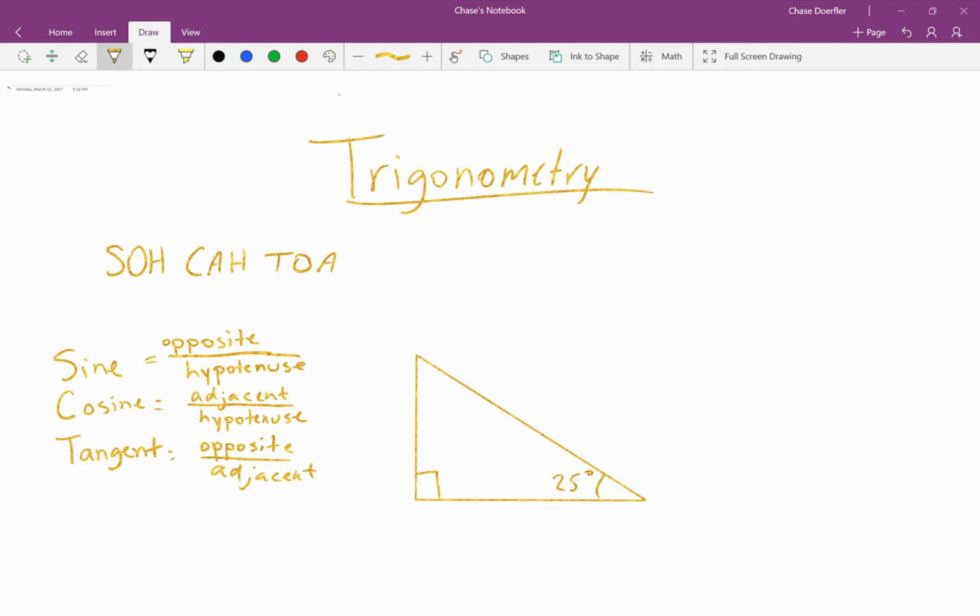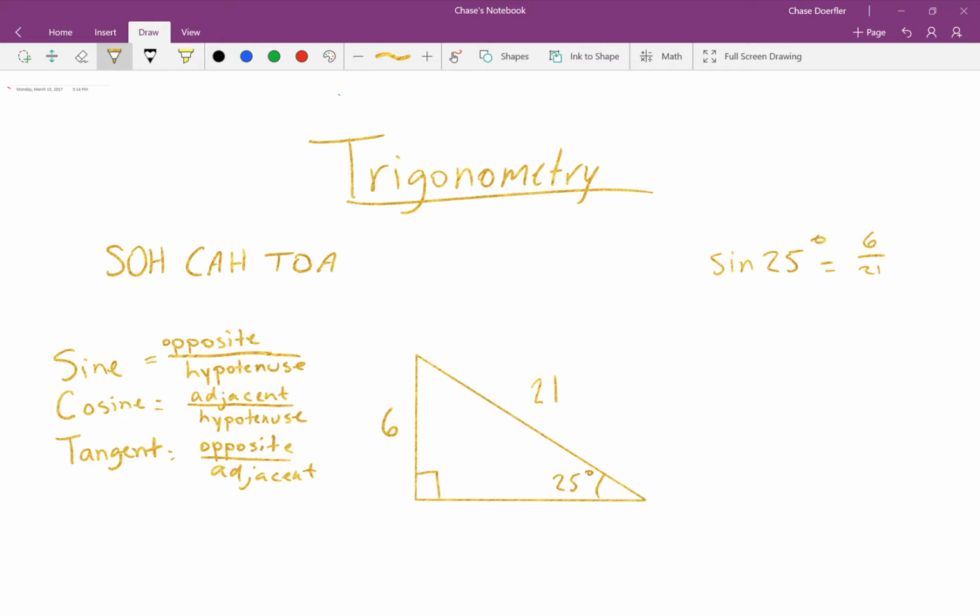I'm going to give this side a length of 6, and I'm going to give the hypotenuse a length of 21. I'm just spitting out random numbers here. So sine of 25 degrees will be equal to 6 over 21.